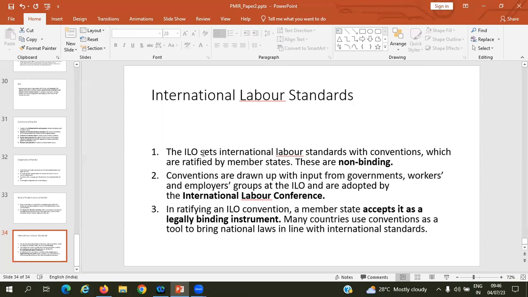So the main input is coming from the country level, the national level, or the international organization. There are many discussions, many conventions, many meetings that will happen. The input is coming from the national level.